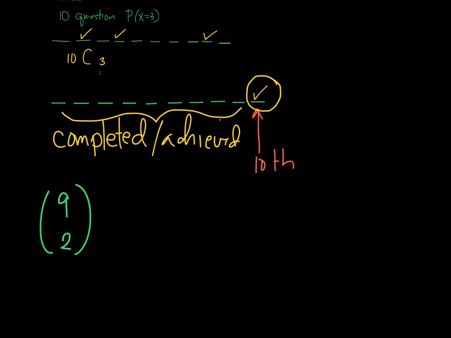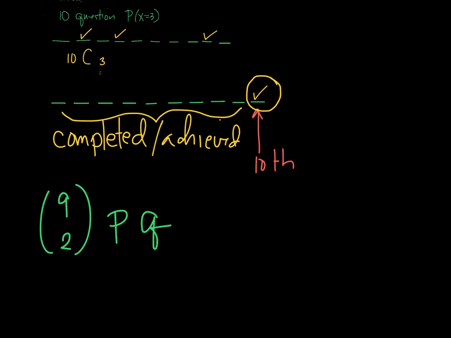And then it should be multiplied by the probability of success, P, and the probability of failure, Q. But we have to know how many times we should have a success. As we have said, from 9, we need to have 2 successes.